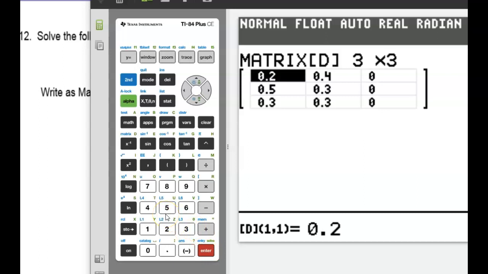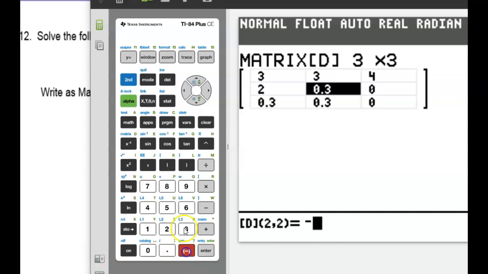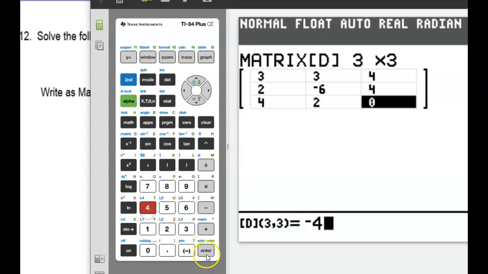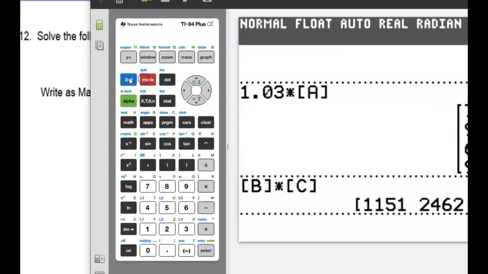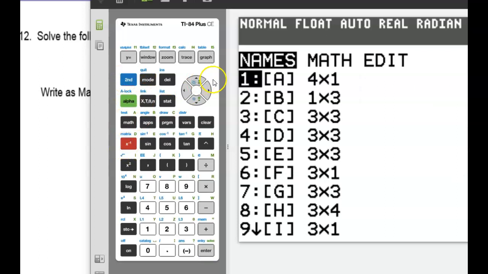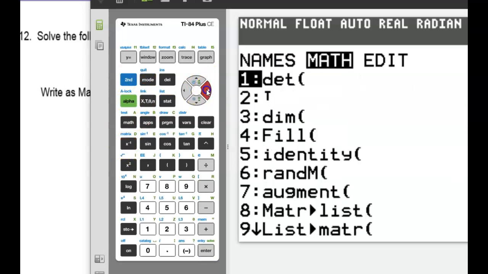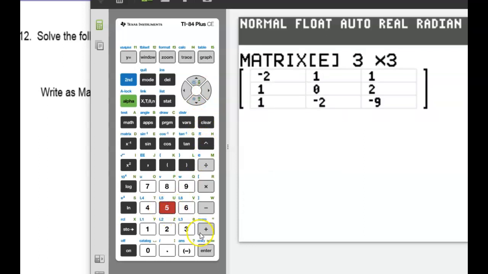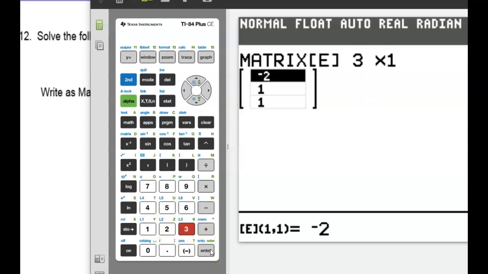Can you read me the numbers, Destiny? 3, 3, 4, 2, -6, 4, 4, 2, -4. That's the one where you use, am I at E? Yes, it is. It is a 3 by 1, right? 38 and 8?